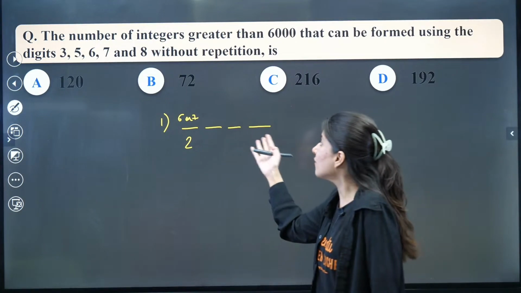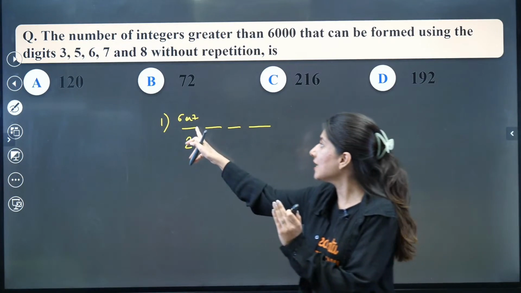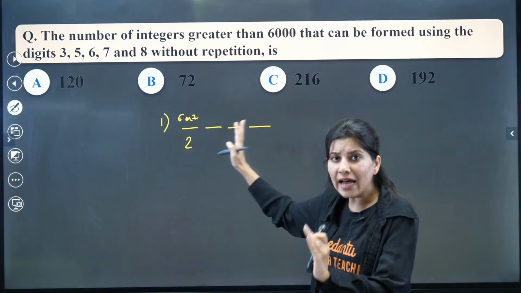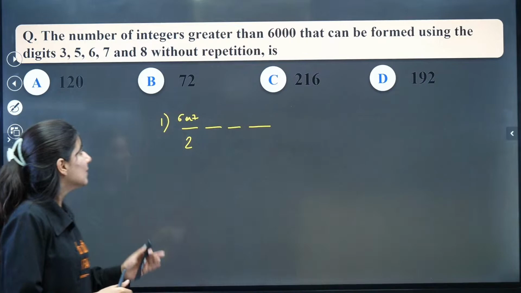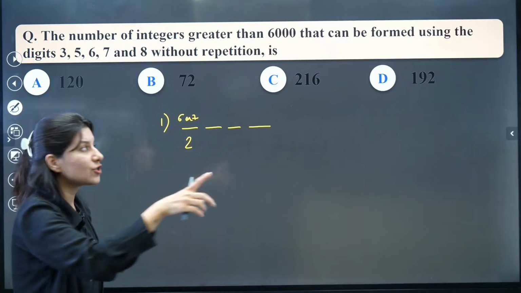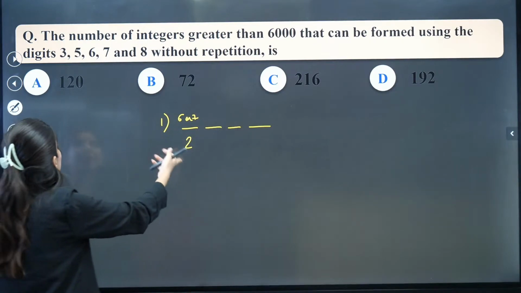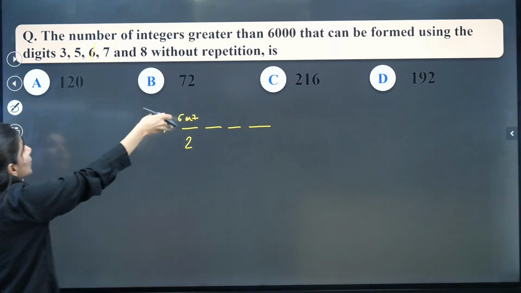Now, rest of the places can be anything. Because if the first position is either 6 or 7, the rest of the numbers can be anything and the number will definitely be greater than 6,000. So on these three places, there is no such condition. So suppose 6 is occupied for the very first position.